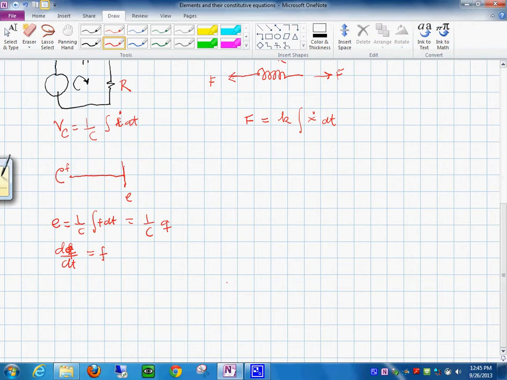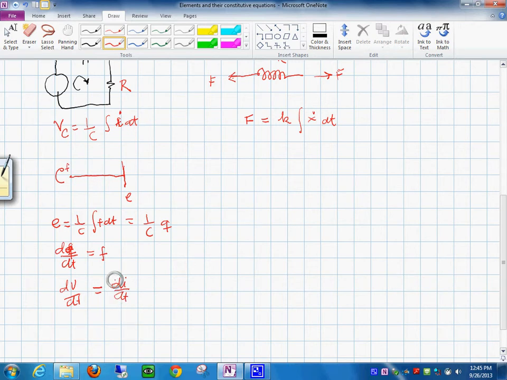In this case, for the circuit, we had that dV dt is equal to F, which is in this case di dt. No, F is di dt is what I'm trying to tell you.